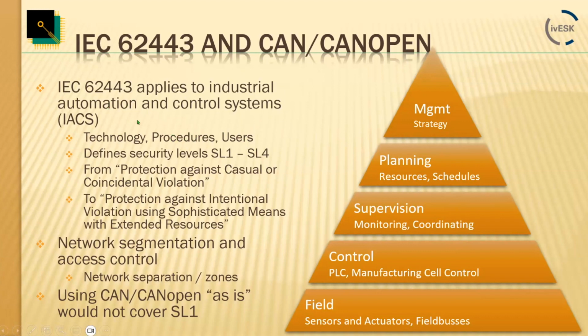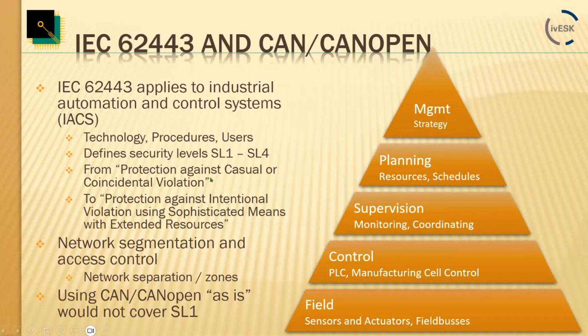Now, interestingly, also here we have multiple levels defined. So we have different security levels, and the wording is such that there is some room for interpretation, and they really nail it down on, well, how much effort do you have to put into something?